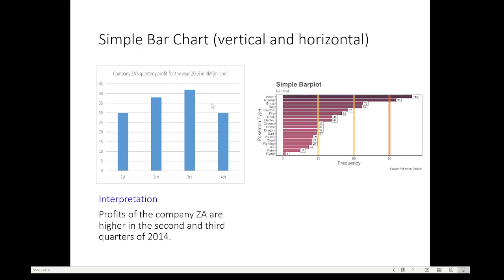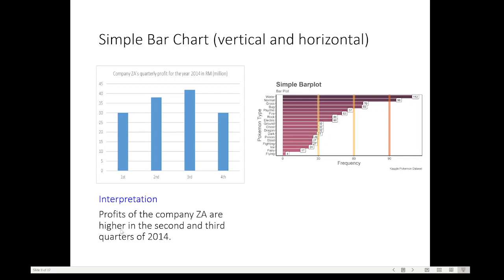For example, in the vertical bar chart just now, I already mentioned that the profit of company ZA is higher in the second and third quarters of 2014. Basically, when you present a graph, you need to explain it. This is what is being asked in the exam, in the assessment. Whenever you are asked to present data in the form of a graphical display, once you have drawn the graph, make sure that you comment on it, at least one line about the whole graph.